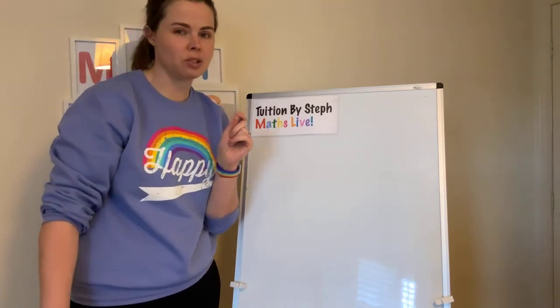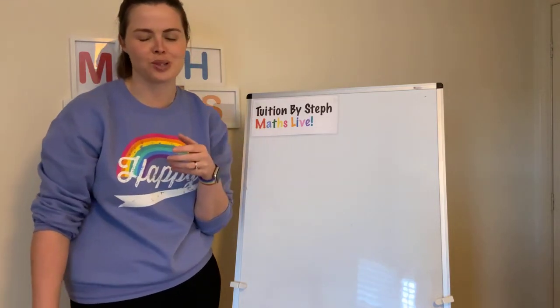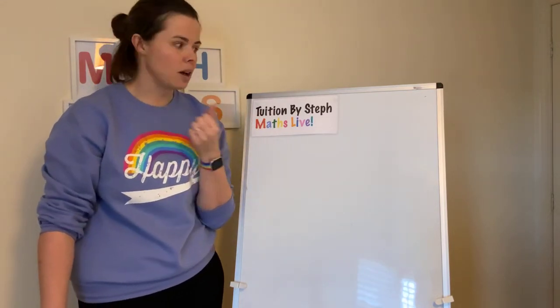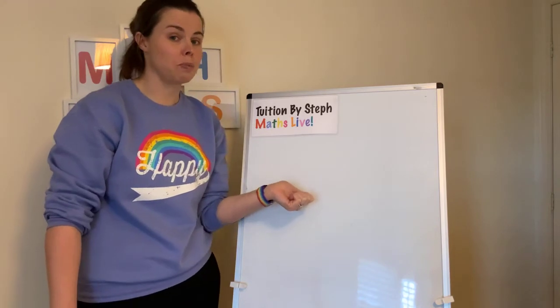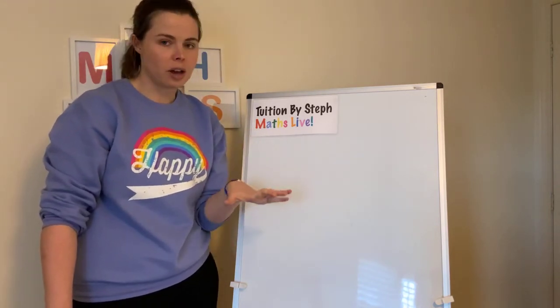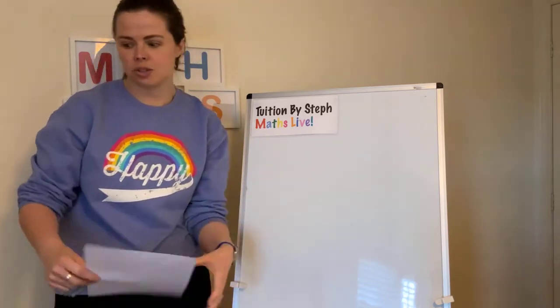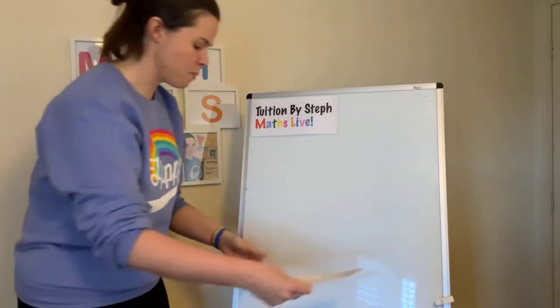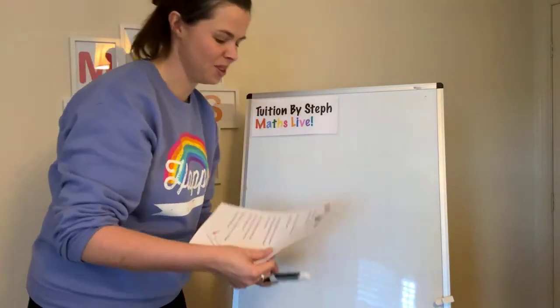There are 11 and a half questions in total. Some of them I might need to draw on the board and have a go, and then we'll go through the answers gradually. I can wave this around because I haven't put any answers on.